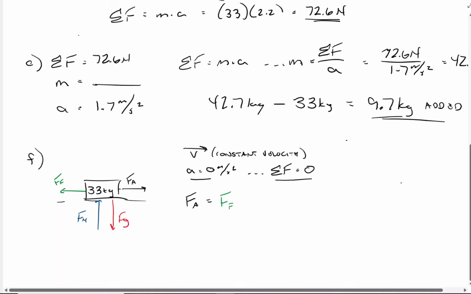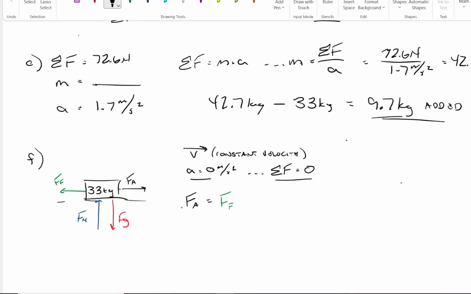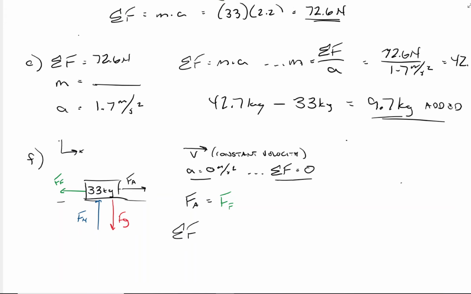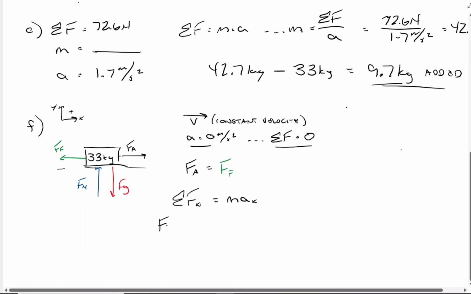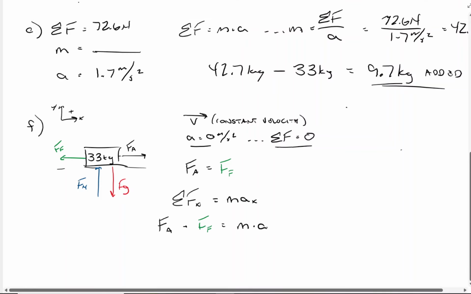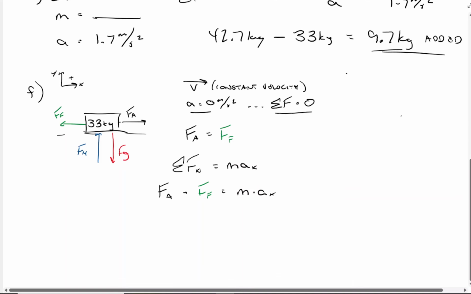Another way to write that would be that the sum of the forces, and we're going to separate this out. I'm going to say that we have an X and a Y direction. We're going to see this happening later. We really have motion in the X direction, so I'm going to only consider the X forces, and those cause that mass to accelerate in the X. So if I sum the forces, if I add the applied force and the friction force, the sum of the forces would cause the mass to accelerate in the X. Another way to write Newton's second law is to put all the forces on the left side, and then I'm going to type right in the values.